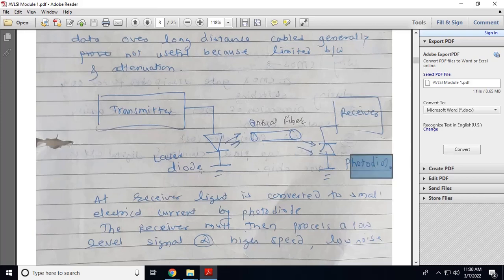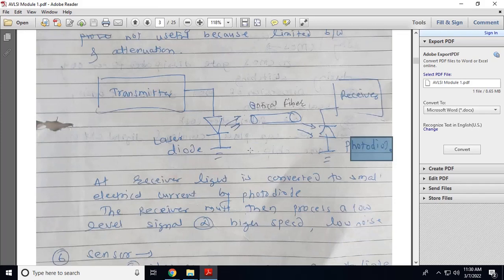This receiver must process a low level signal with high speed and low noise. That is the analog design.